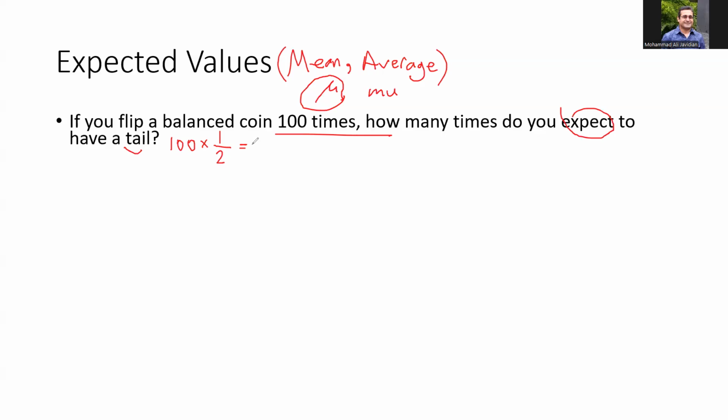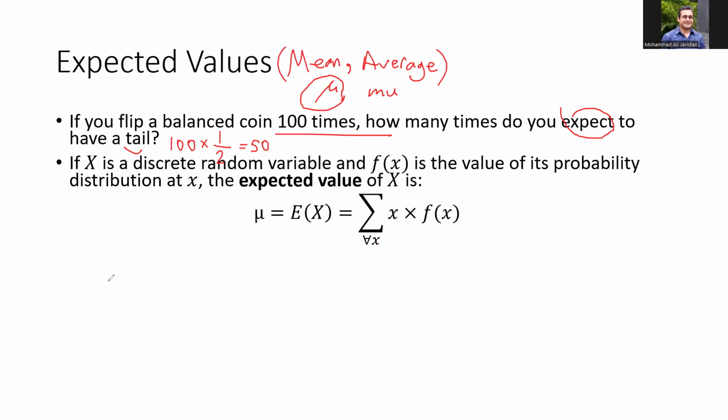So you expect to see 50 tails in the case that you flip a balanced coin 100 times. If I generalize this idea, the expected value of a variable is the summation of the number of times that an event happened times the probability of that event.